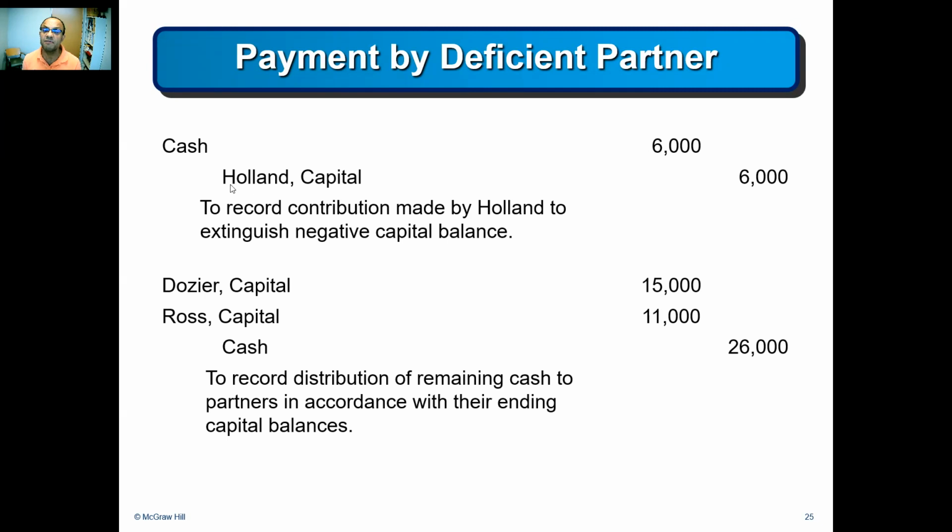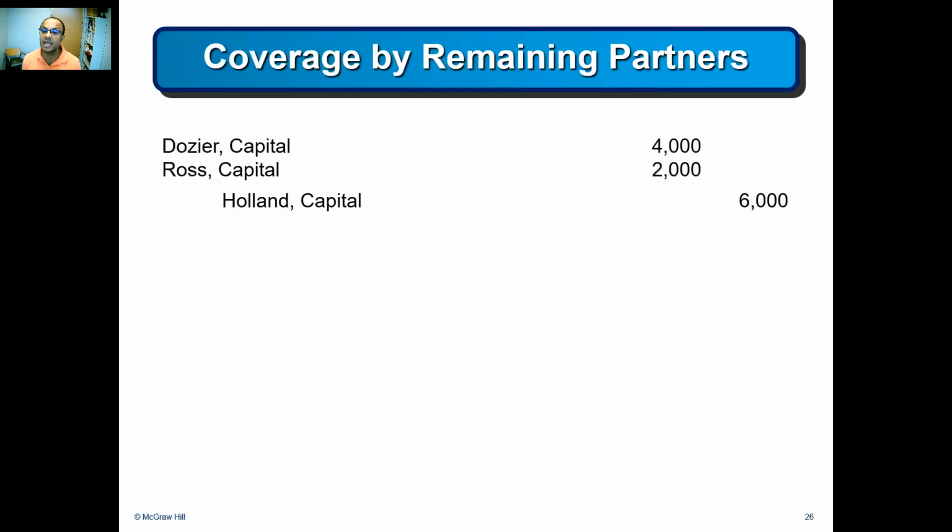What will happen if Holland refuses to pay all the capital balances? Then Dozier and Ross will cover it out of their own balances. So their capital balances will be debited, as you can see here, 4,000 for Dozier, 2,000 for Ross, and Holland will have a positive capital balance of 6,000 that will offset the negative, and his balance will be 0.